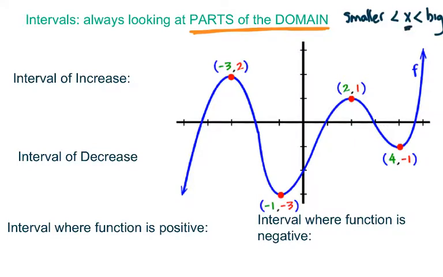Now, these are the x's. All right, so when we talk about an interval, we're going to focus on the x-axis. Okay, -1, -2, -3, -4, 0, 1, 2, 3, 4, 5.